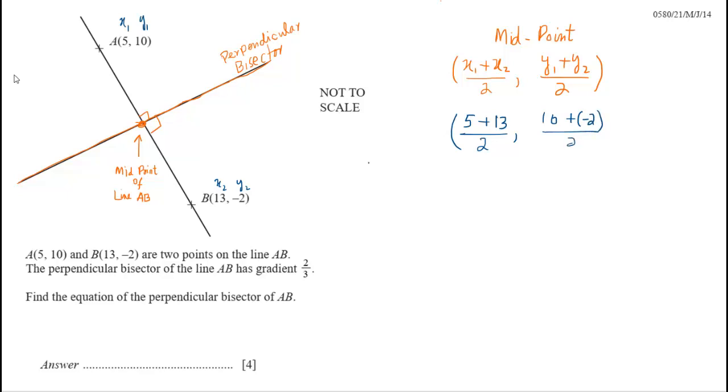That is 18 over 2, comma, 8 over 2, and after simplification it is 9 comma 4. So this midpoint is 9 comma 4.